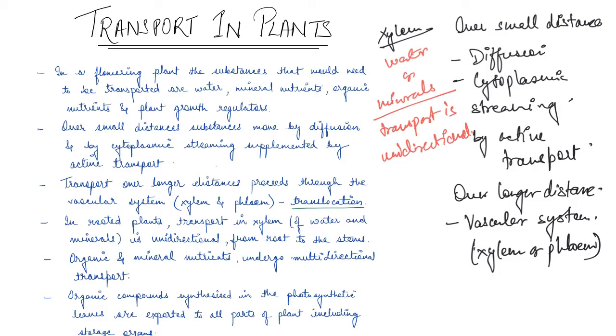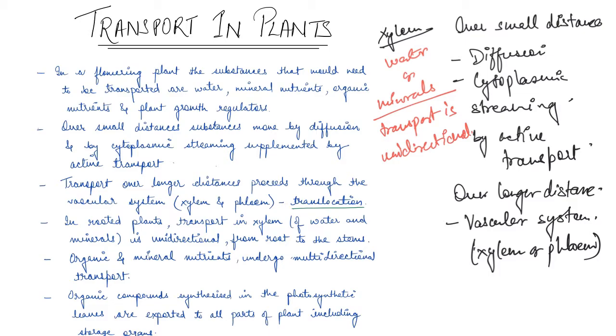Remember that, right? So, the organic compounds which are synthesized in the leaves are exported to other parts of the plants, right? So basically the food that the plants prepare through photosynthesis is prepared in the leaves, right? So these are organic compounds, and they are transported in a multidirectional way, from the leaves to all parts of the plants, including the storage organs as well, right?